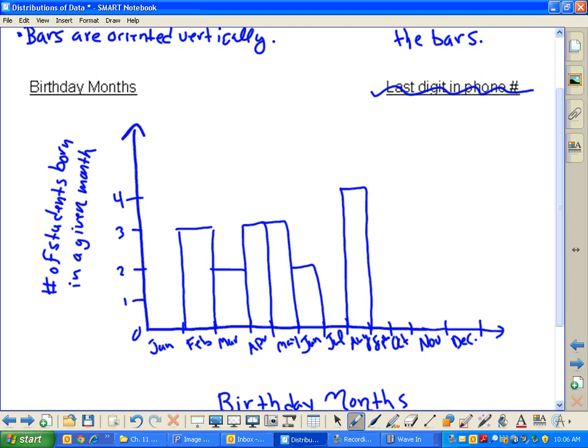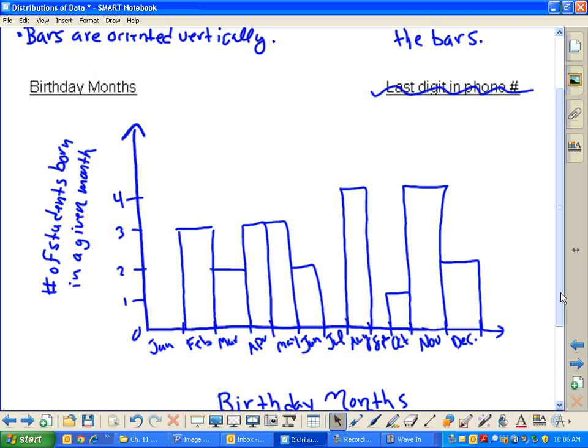October just has 1. November, back up to 4 again. And December has 2. Ultimately, we're going to talk a little bit about today the shape of this distribution as well.